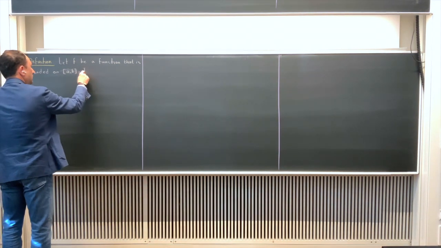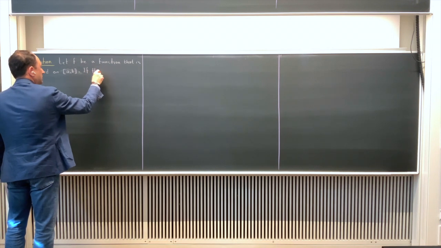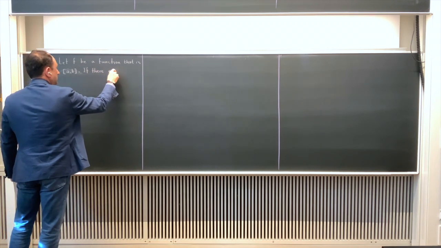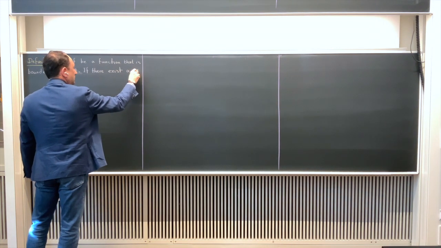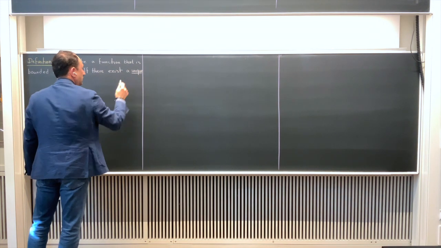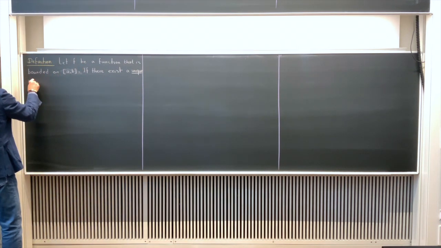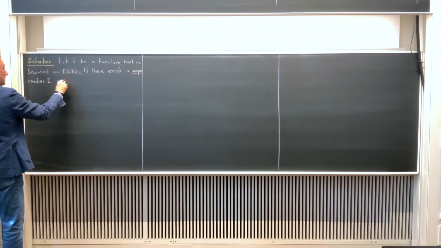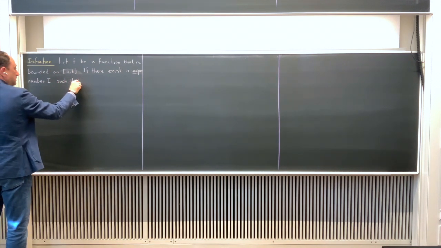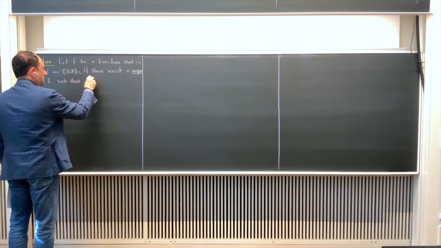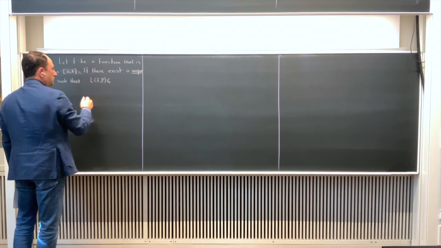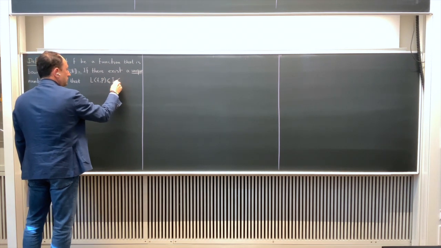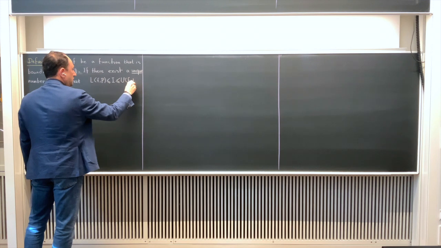If there exists a unique number I such that L(f, P) ≤ I ≤ U(f, P).